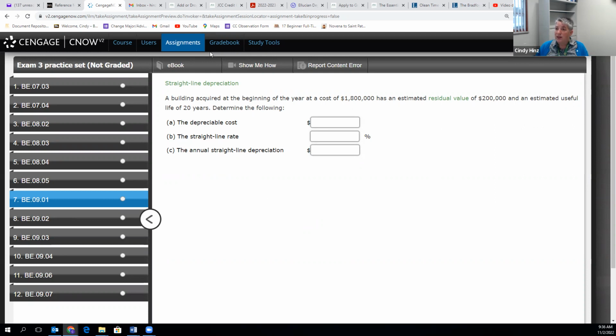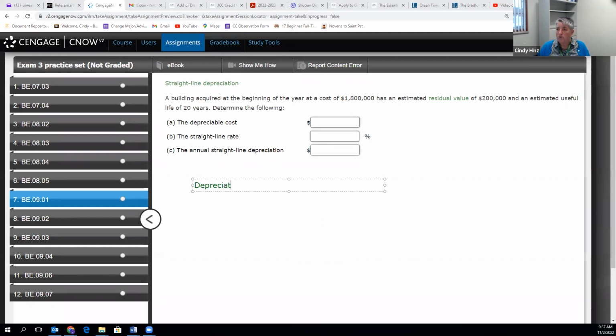So we'll start with straight line depreciation, and the fact that it is straight line means that it is the same every full year of depreciation. The first thing we have to calculate is the depreciable cost. And this is the value of the asset that we're going to use up or record as expense over its estimated useful life.